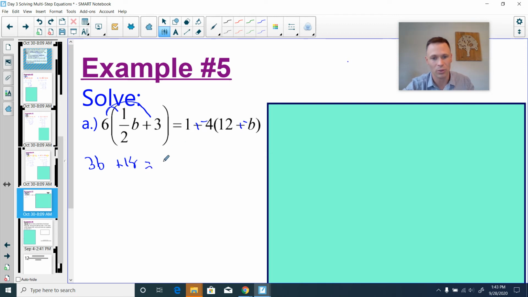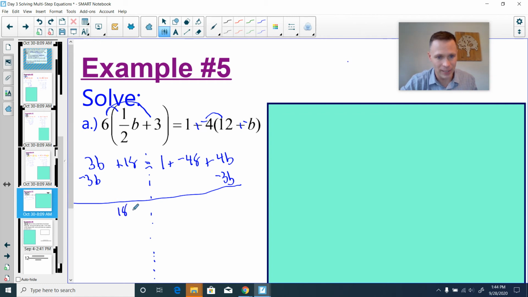And that's now equal to 1 is just being added to all this. I do have to distribute a negative 4. So I get a negative 48 plus negative 4 times negative b is a positive 4b. Okay, so I'm going to draw my line and the equal sign here. And now I'm going to move the variables. Now they are on opposite sides of the equation, so I have to do opposite operations. I'm going to do it so it's positive in the end, so I will subtract 3b from both sides.